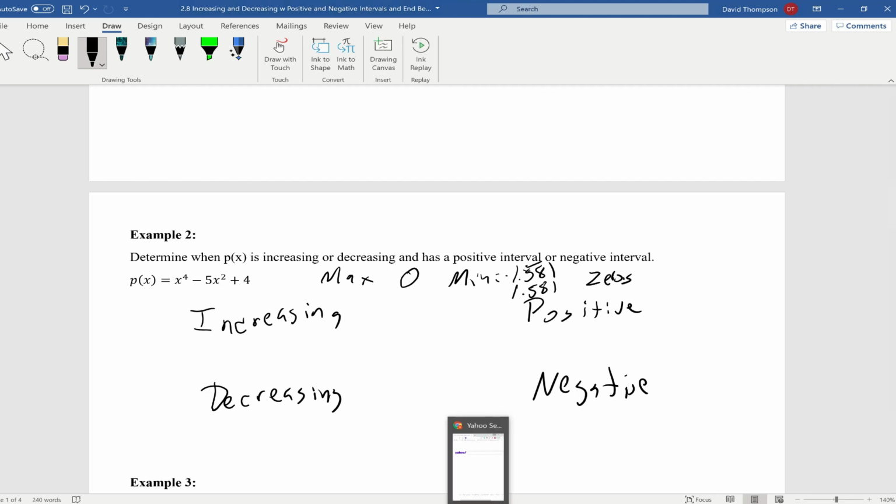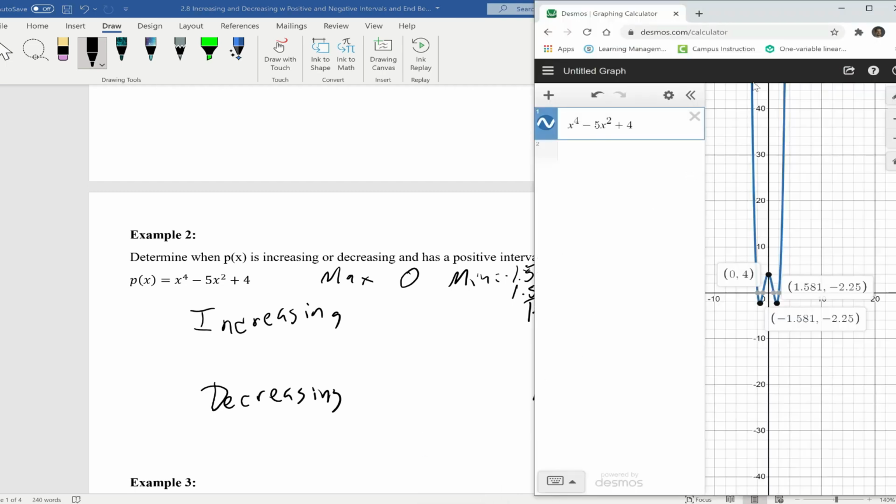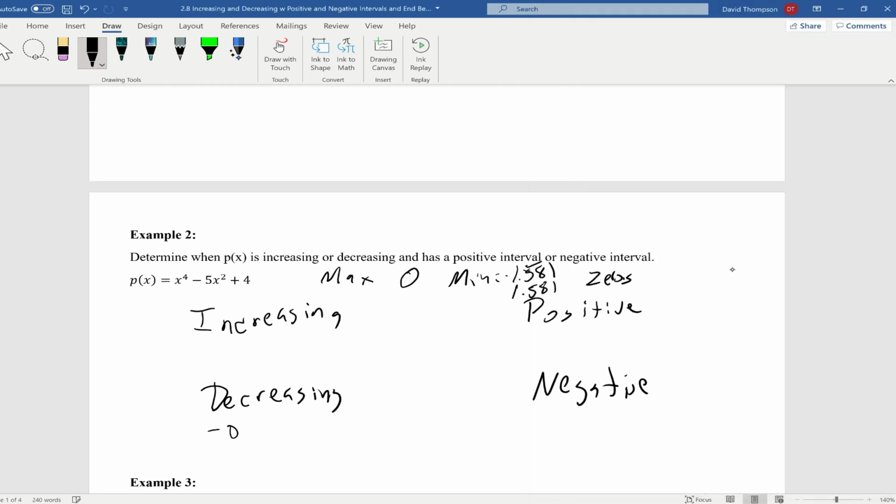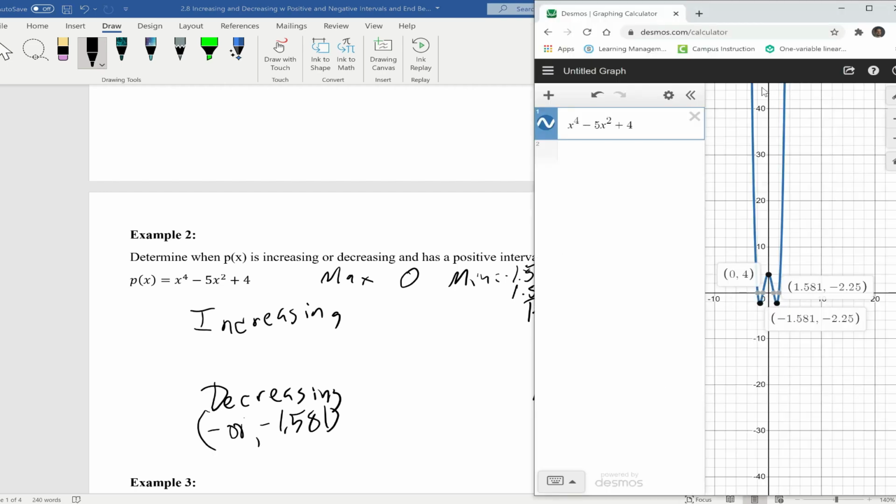Let's start with our increasing and decreasing intervals. So we start by decreasing from negative infinity to negative 1.581. So once we had our min, we start increasing from negative 1.581 to 0.